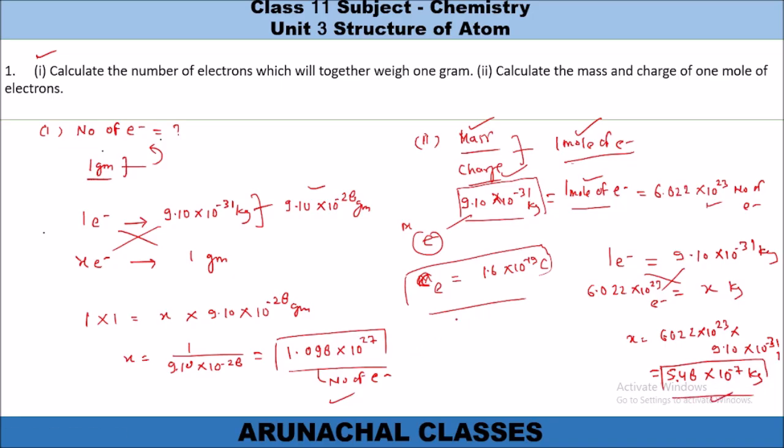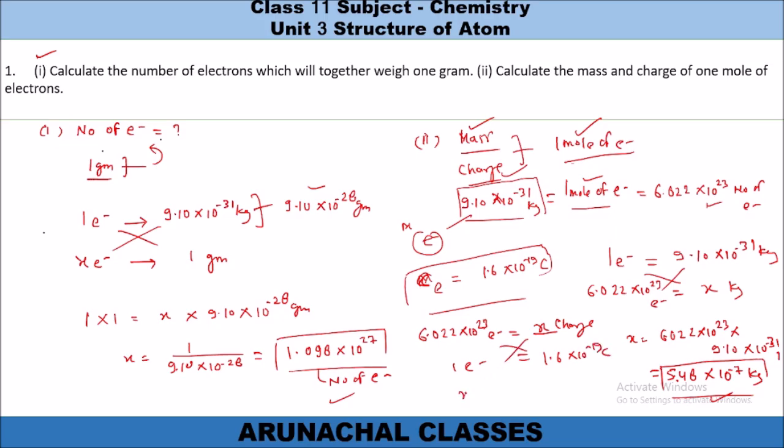Similarly we know that 1 mole of electron having this many number of electrons, so 6.022 into 10 power 23 number of electrons are there having x charge, and for one electron, the charge is 1.6 into 10 power minus 19 coulomb.